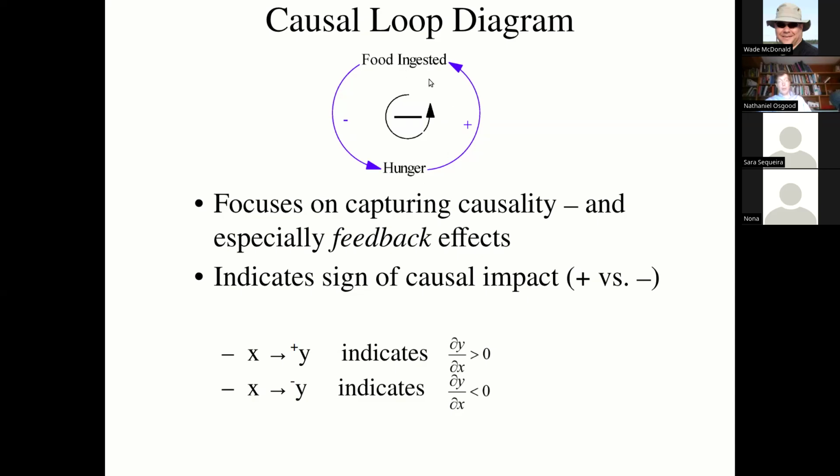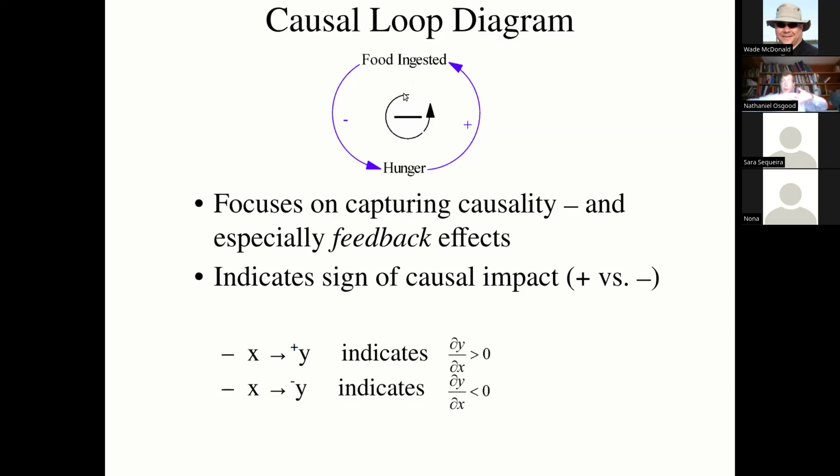Okay, so these links are called causal links, and this is an illustration of a feedback. They compose according to the rule of signs. So if you have successive links, a plus followed by a minus, it's plus times minus, which is a minus.